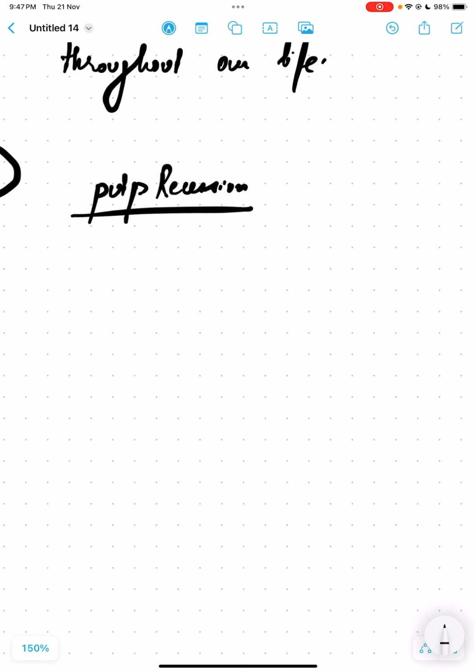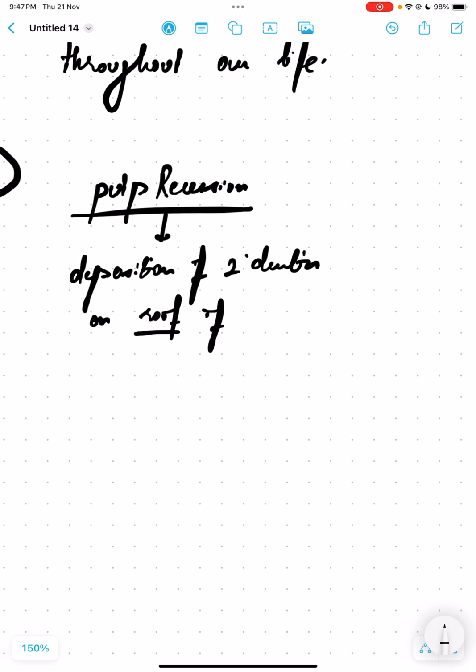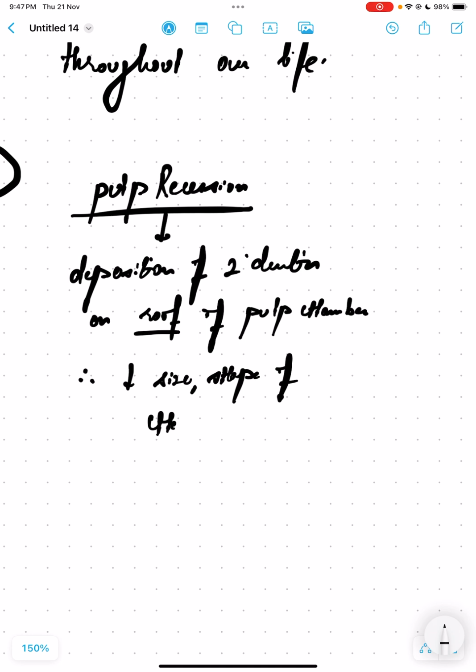Okay, what is pulp recession? There is deposition of secondary dentin on the roof of the pulp chamber, decreasing the size and shape of the chamber.